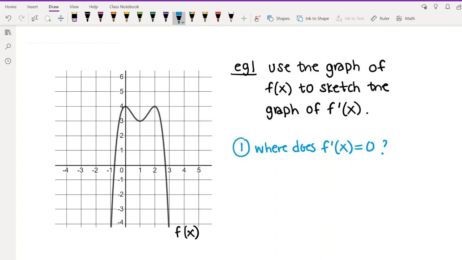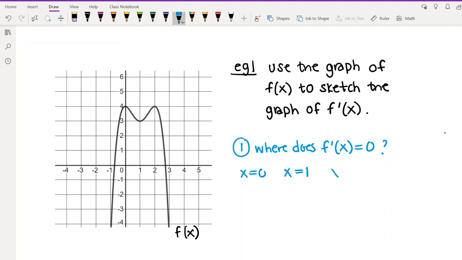So we can see that we would have a horizontal tangent line at x is equal to 0, right? So that's one place where the derivative is going to equal 0. Another place where we have a horizontal tangent line would be at x is equal to 1. And then another place where we have a horizontal tangent line would be at x is equal to 2.